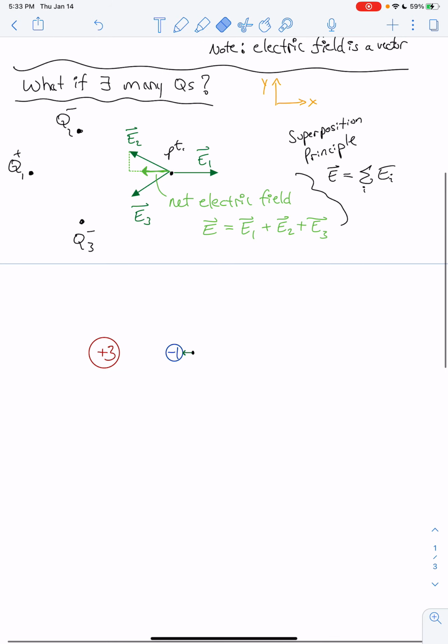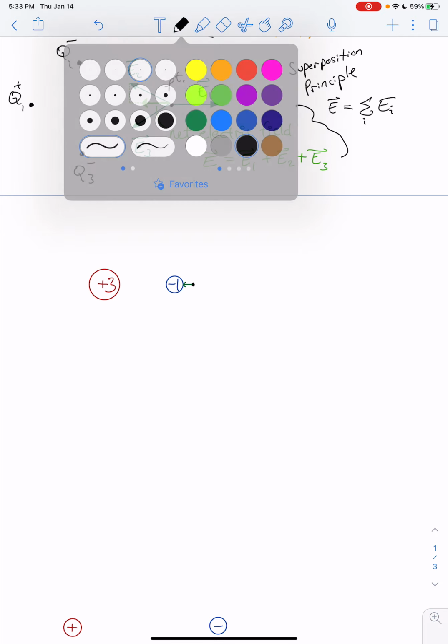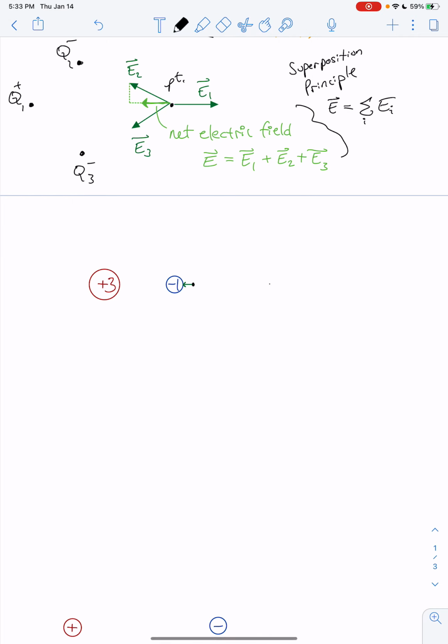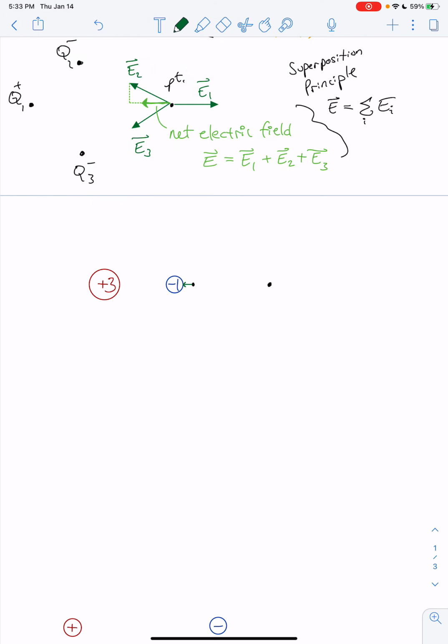However, as you move farther and farther away, then you're going to have more and more impact from the +3. The +3 is going to create an electric field in this direction, and the negative is going to give a contribution in that direction. So the net will eventually turn out to be in the direction to the right.